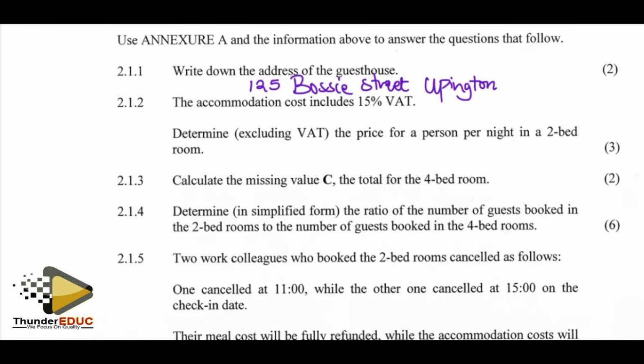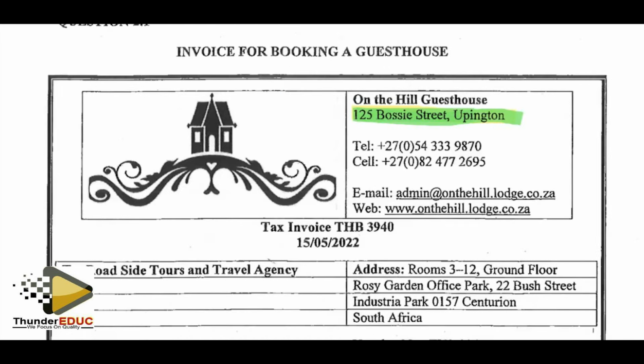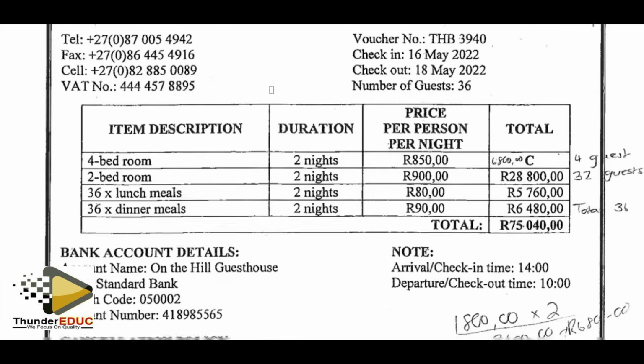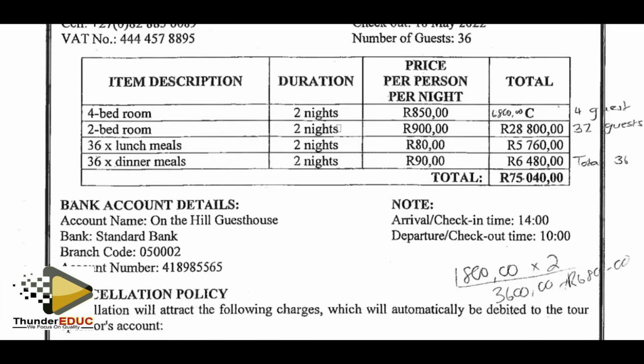Then the accommodation cost includes 15% VAT. Determine excluding VAT the price of a person a night in a 2-bedroom. So we come back, we are here now. These are 2 nights, but per person, everyone pays how much? 900. This is a price per person per night. So this is the money that we're going to take.